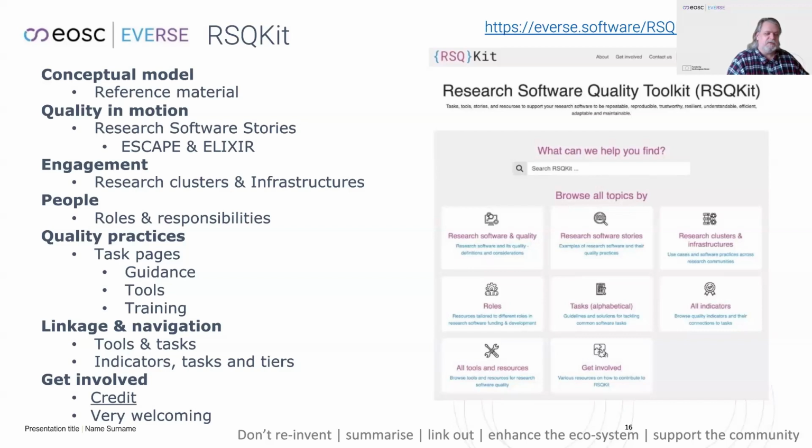The quality practices are generally captured in task pages, and the task pages are where the bulk of the information is at the moment. And these are things like, this is how you use Git. This is what version control is, which is not actually necessarily the same thing. One is a tool, one's a practice. There's aspects around tools, there's aspects around guidance, there's links to training, and so on and so forth.